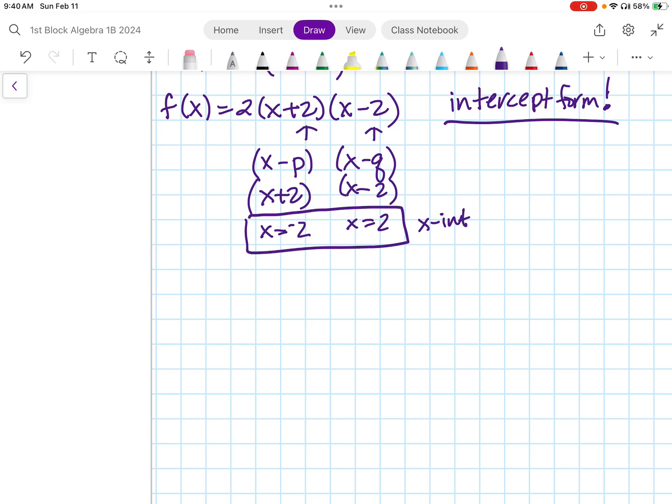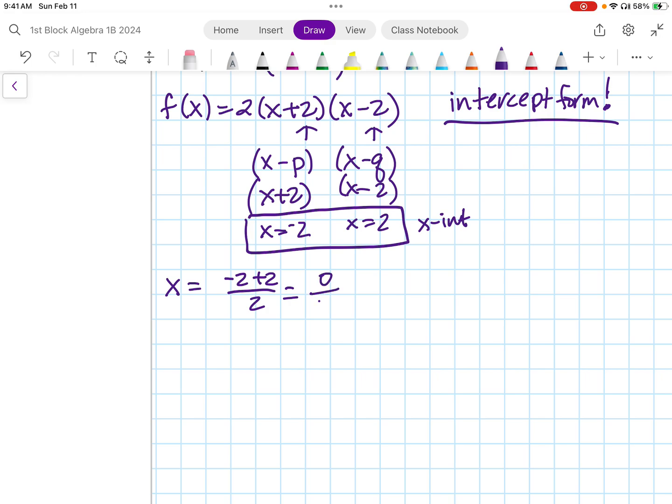Now we want to find our vertex. So we're going to find halfway between p and q. Negative 2 plus 2 divided by 2. It's like we're finding what's in the middle.